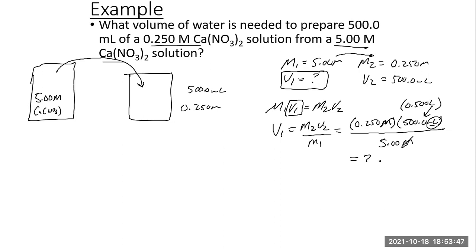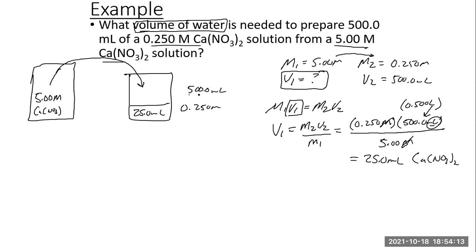And again, it's important to remember that this is actually, in this case, 25 milliliters of not water, but of the calcium nitrate. And that basically means we're going to go into this first container and take out 25 milliliters of it. The rest would be the water, which is really what it is asking for, how much water is needed.